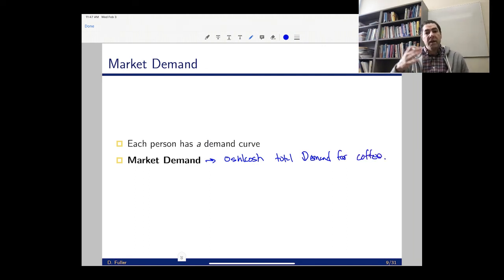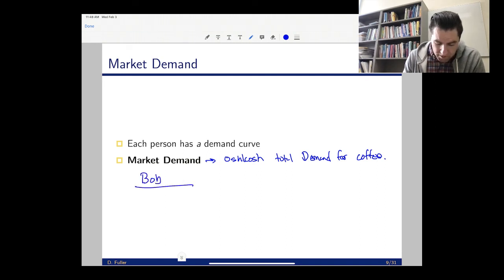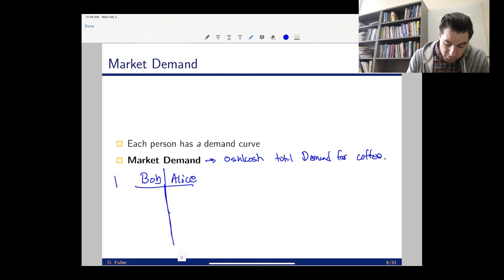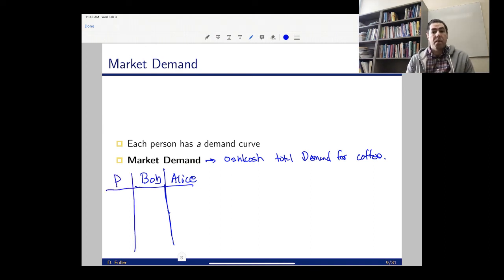Well, I would take all of the individual demand curves and add those up. So let's do a very simple example. We'll take Bob and Alice, and I'm going to look at, for different prices, how many cups of coffee Bob and Alice are willing to buy.